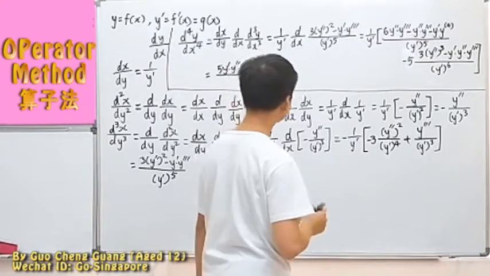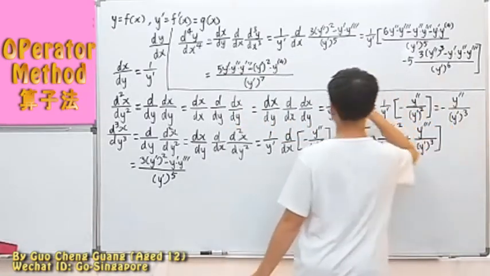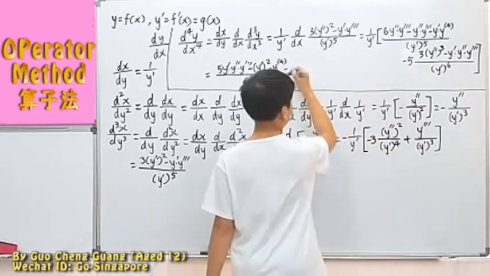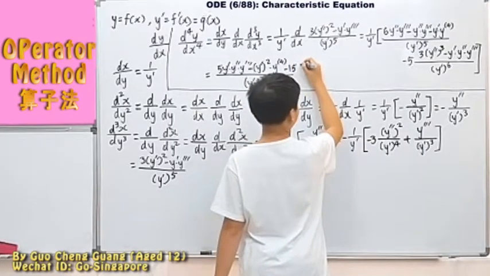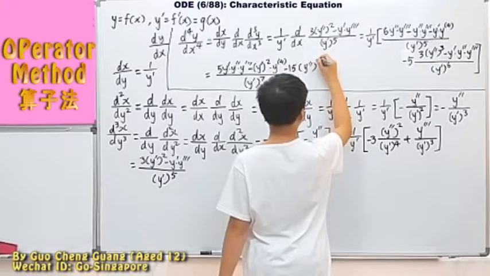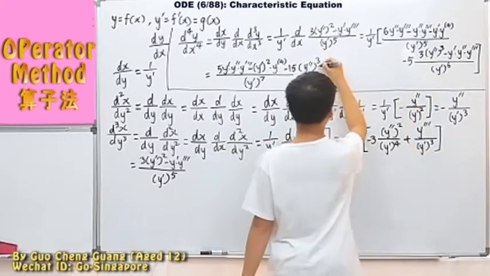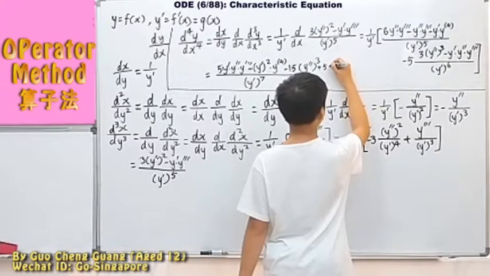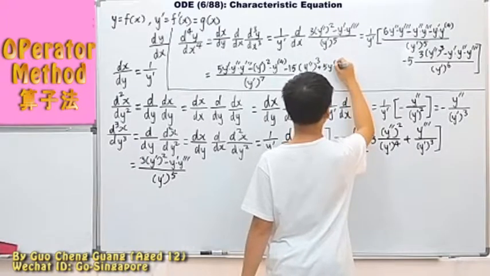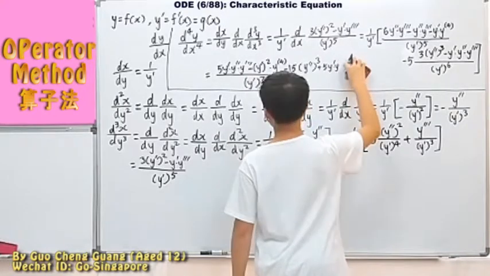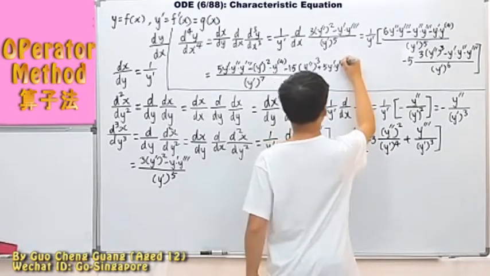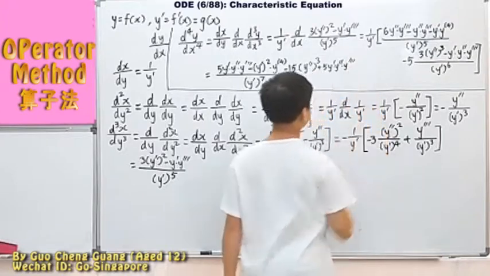Like this. Then after is this part behind, so you get minus 15, then y second derivative cube. Then behind there you have plus 5, y first derivative, second derivative, and third derivative.